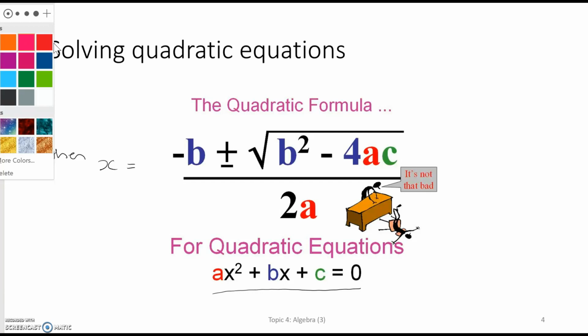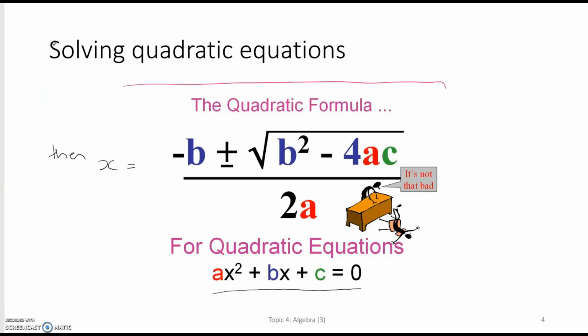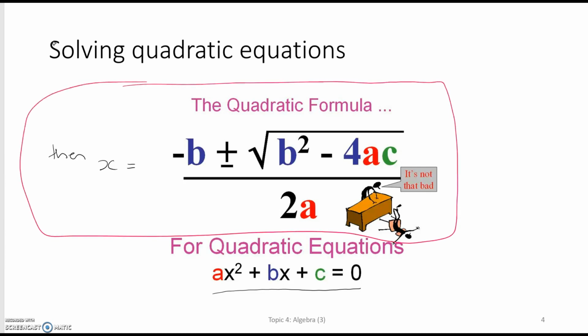So there's a nice big rule, and you just have to learn it. It'll be given to you in the formula sheet at the end of the course or during the tests. During the tests, when you create your own, you need to put that into your formula sheet, but it's just a way of finding x if it doesn't factorize.